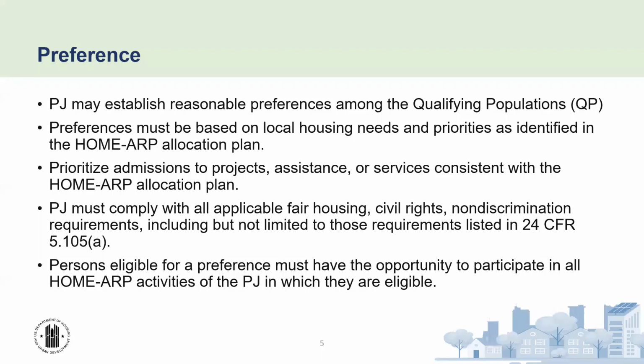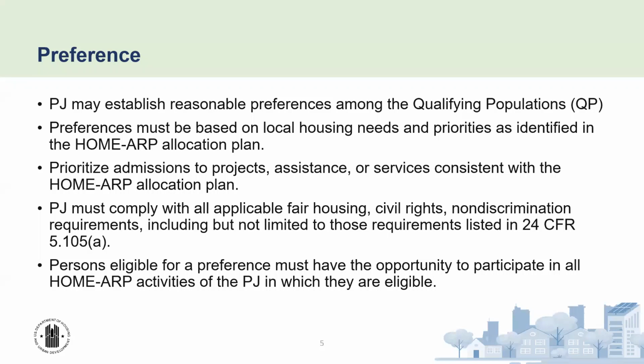So, preference. A PJ may establish preferences among the qualifying populations to prioritize applicants for HOME-ARP activities or projects based on the PJ's needs and priorities, as described in its HOME-ARP allocation plan.